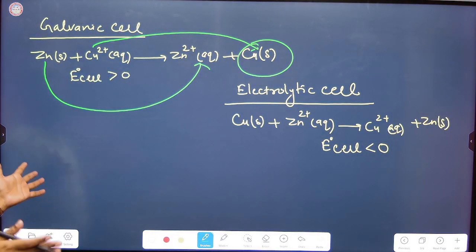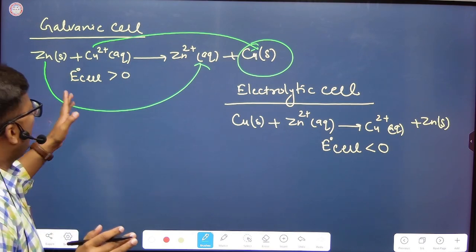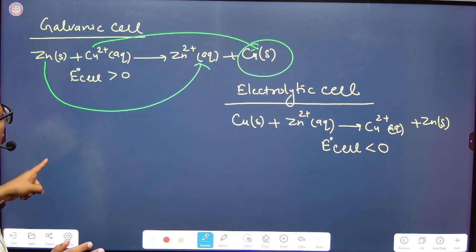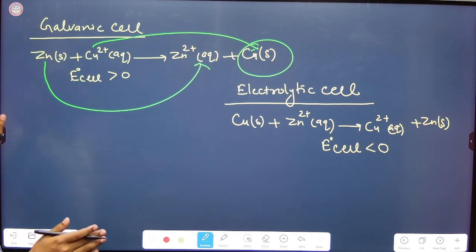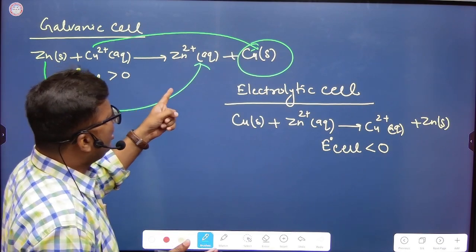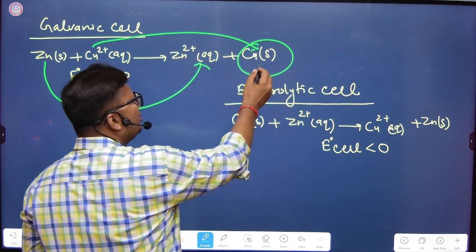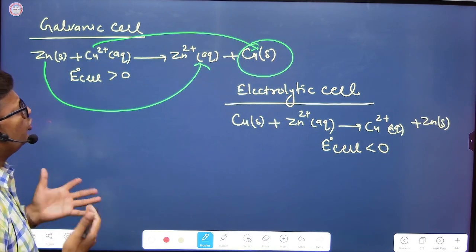One electrode is the anode, because here zinc is dissolved, so the mass or weight of the anode is decreasing, while the mass or weight of the cathode is increasing, because copper solid is deposited as a thin film on the cathode.